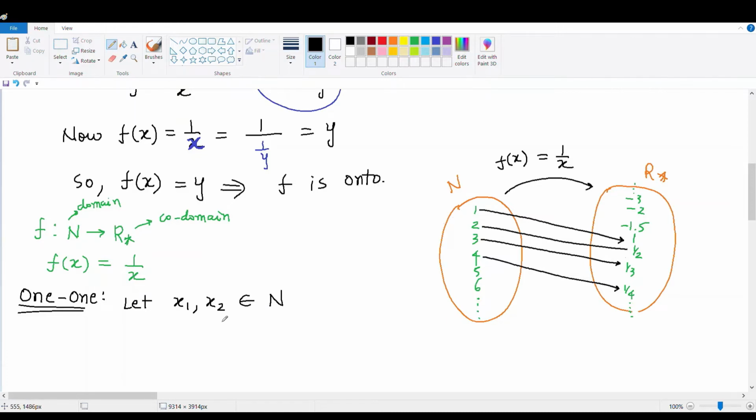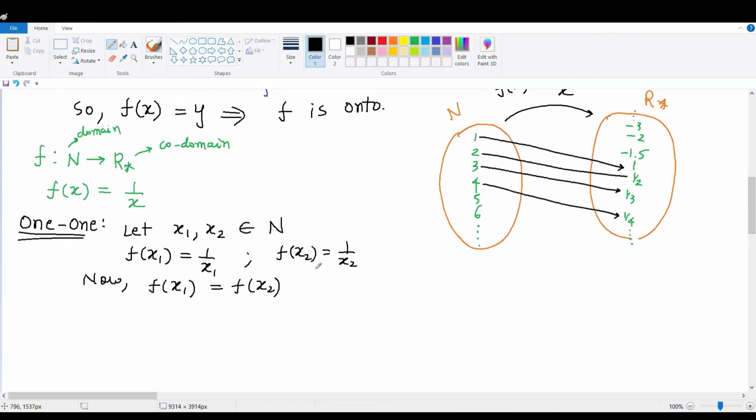So I'm taking x1 and x2 from this domain N. Now if x1 is in N, then f of x1 is going to become 1 over x1, and f of x2 is going to become 1 over x2. Now we assume that both outputs are the same, and then we plug in these values. So 1 over x1 is equal to 1 over x2. That means x1 is equal to x2.